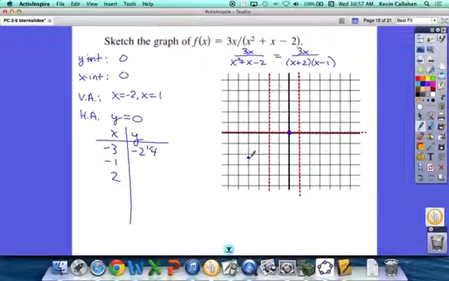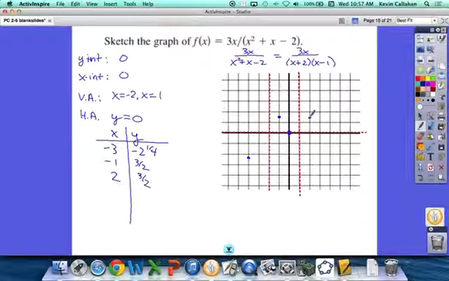Negative 1: negative 3 over 1 minus 1 minus 2, which is negative 3 over negative 2, 3 halves. That looks good. And the last one, 2: 6 over 4 plus 2 minus 2, which is 4, so 6 over 4, 3 halves. Two, 3 halves.